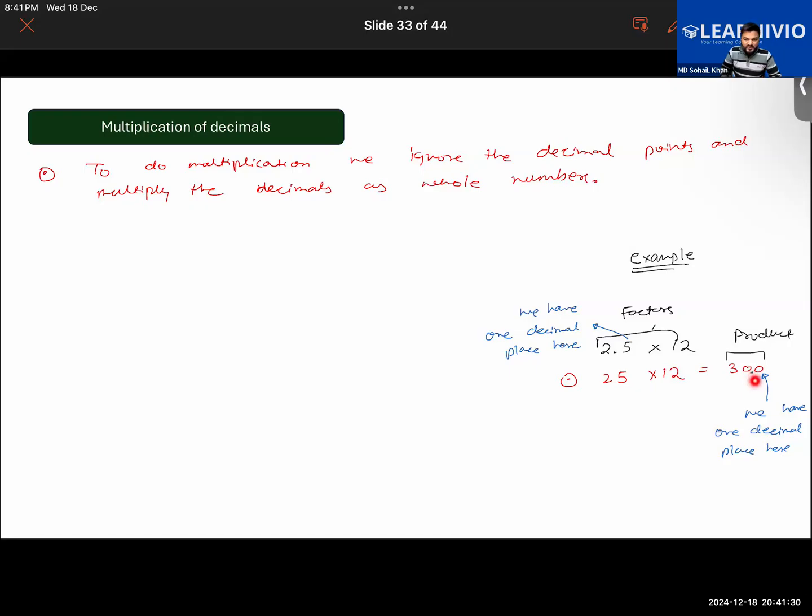So for that purpose, we put one decimal point here, and hence this is 30.0, or more appropriately, simply 30. Why? Because after the decimal point, writing 0 does not make any sense. It is not going to change the value if you write it as 30 only. Tell me if that much is clear so far.